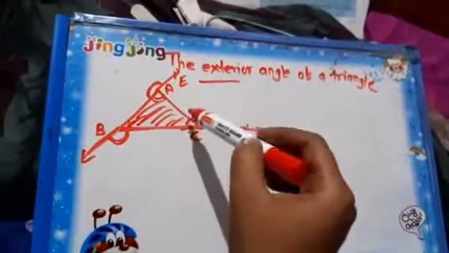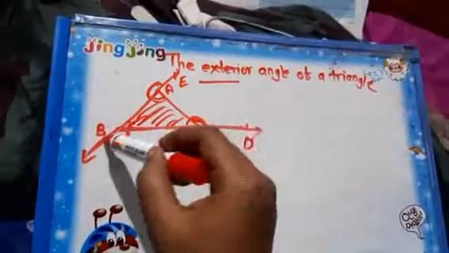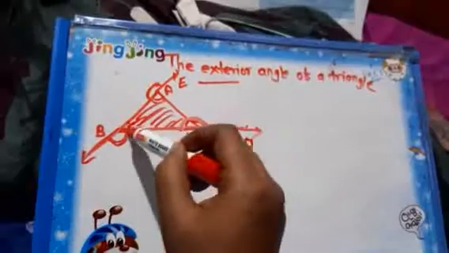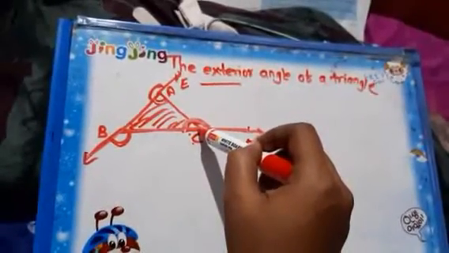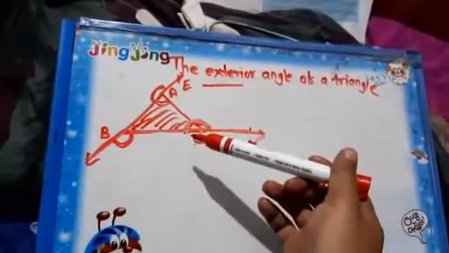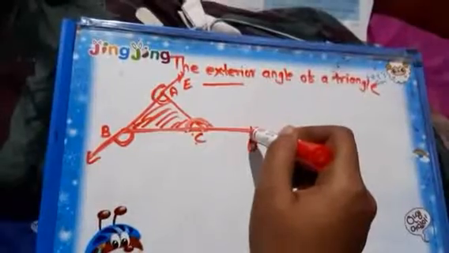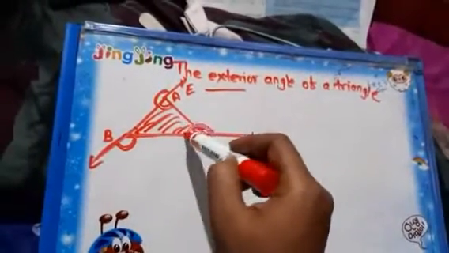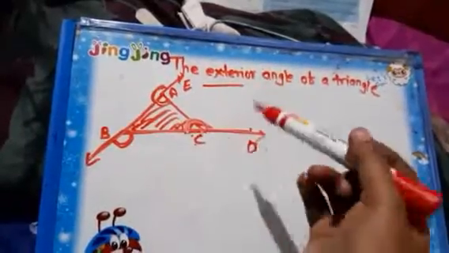So if you see this angle and ACB, this total angle, they are forming a straight line, means they are in linear pair. So in this way the definition is proved here. On extending one arm of the angle of the triangle, an angle is obtained which forms a linear pair with the adjacent interior angle of the triangle.